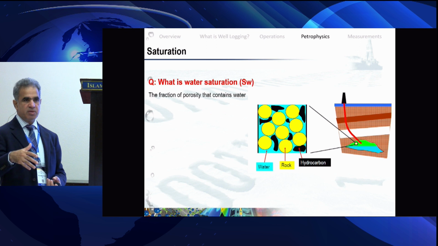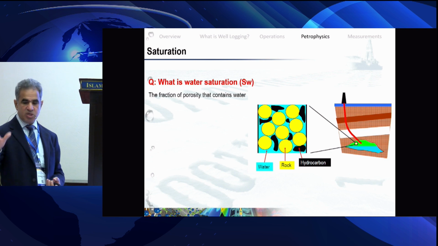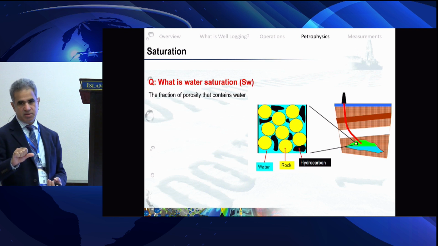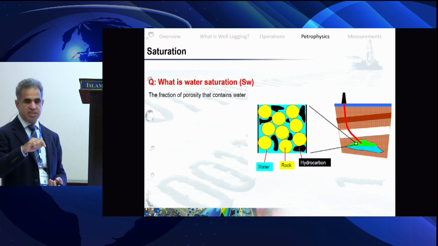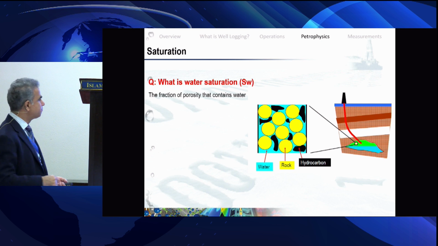The amount of hydrocarbon could be gas and oil, which is another split required based on extra measurements. But when we say saturation, we commonly talk about water saturation. When I say water saturation is very low, automatically assume hydrocarbon saturation is high, and vice versa.